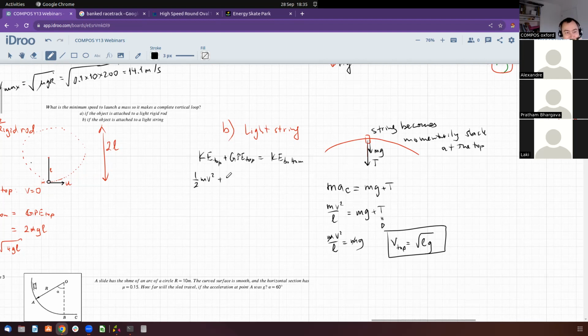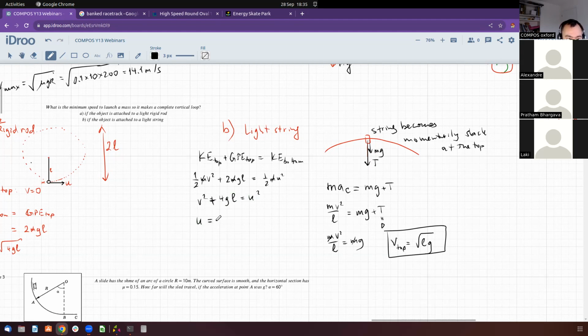Gravitational potential energy at the top is 2mgL, and kinetic energy at the bottom is 1/2 mu squared. M cancels as usual, as it mostly does in energy questions. Multiply by 2, so u squared is equal to v squared plus 4gL.